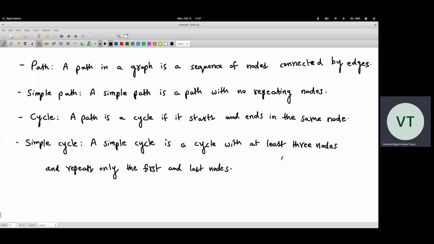Something as simple as, suppose I cycle the same set of nodes 2 times. Suppose I start with A, I visit some nodes, I come back to A. Again, I visit the same nodes and I come back to A. Now, this is not a simple cycle because you have revisited at least one node. Other than the beginning and ending node, if you revisit any other node, it is not a simple cycle. But this is still a cycle because you are beginning and ending at the same node.